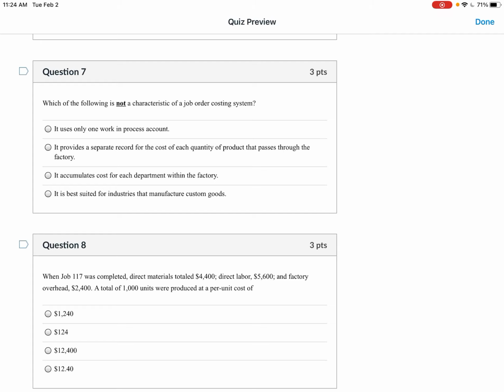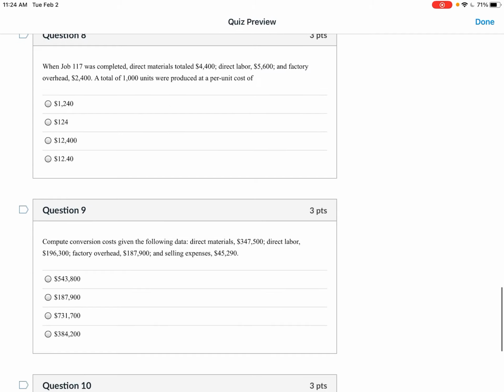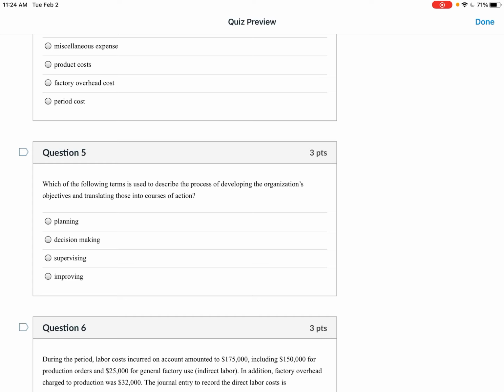All right, let's look at number 6. Which of the following terms is used to describe the process of developing the organization's objectives and translating those into courses of action?